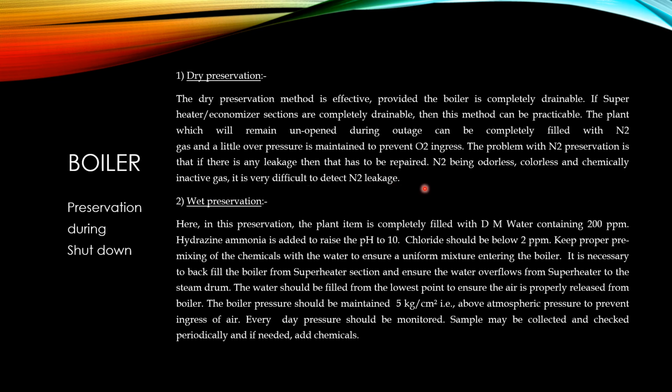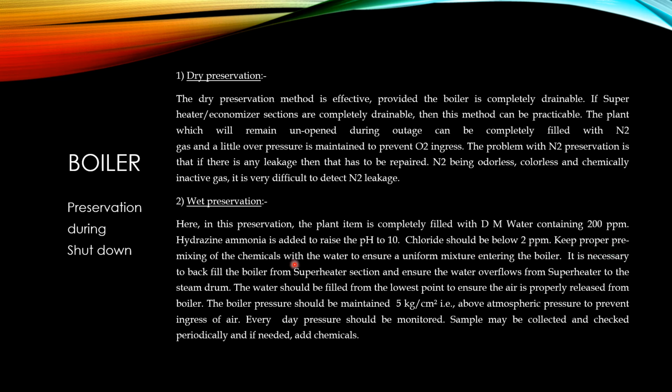So normally wet preservation is preferred over dry preservation. In wet preservation, the boiler is completely filled with DM water containing 200 ppm of hydrazine, and ammonia is added to raise the pH to 10. Chloride should be less than 2 ppm.